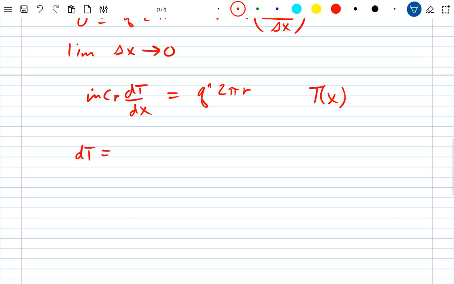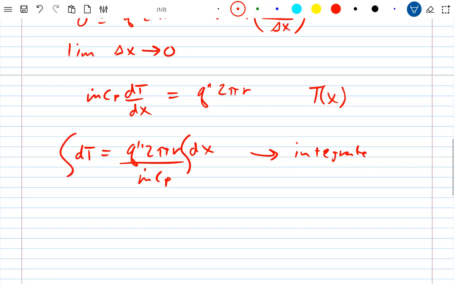So if we separate and integrate here, we get dT is equal to q double prime times 2 pi r multiplied by dx, and that's going to be divided by m dot Cp. So we would integrate, and we would get our temperature is equal to q double prime times 2 pi r over m dot Cp multiplied by x plus C1. So how do we get C1?